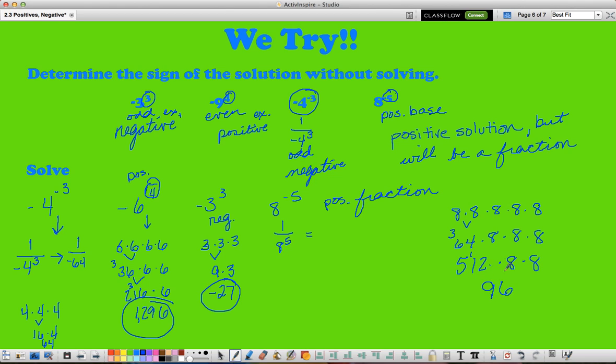Plus 1 is 9. 8 times 5 is 40. Times 8. 8 times 6 is 48. 9 times 8 is 72. Plus 4 is 76. Carry the 7. 0 times 8 is 0. Plus 7 is 7. And 4 times 8 is 32. So we get 1 over 32,768.